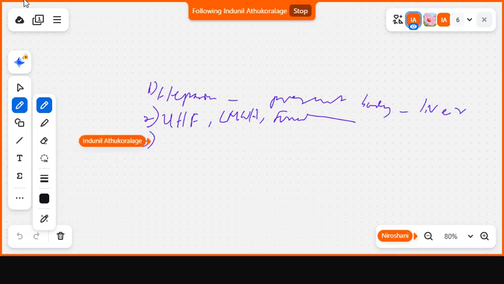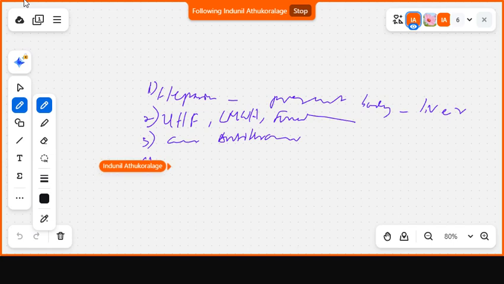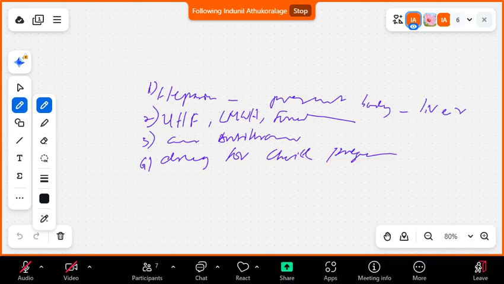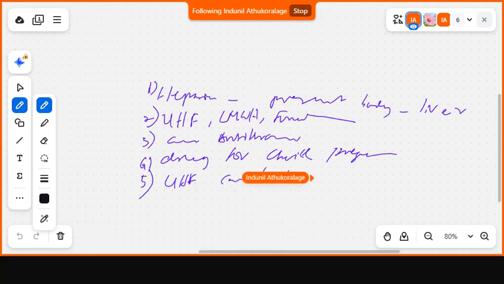It stimulates the action of antithrombin. It is the drug of choice for pregnant mothers. Why? It does not cross the placenta. Yes. And unfractionated one can be used in renal failure patients.